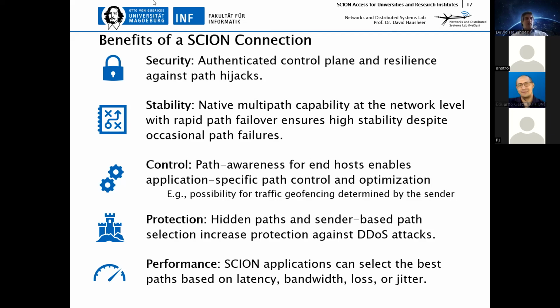Right. So multipath TCP obviously gives you the possibility also to select between different paths. However, there you are typically limited to the paths that a multi-homing environment provides you.